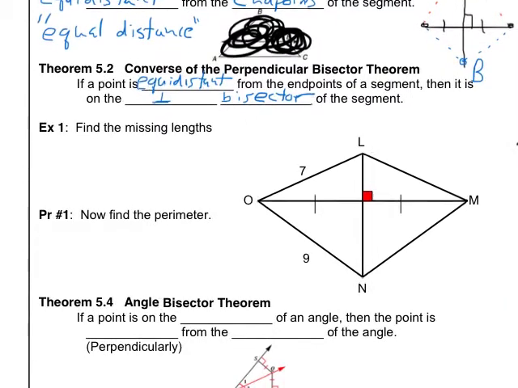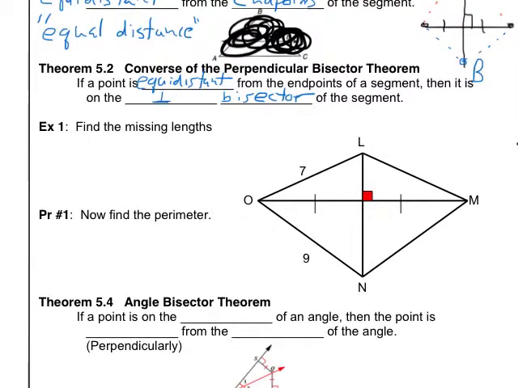Here we have an example. It says find the missing lengths. And sure enough, we have two lines that are perpendicular. And we know that this segment is congruent to this segment. And so that means that point L here must be equidistant from O as it is from M. So if L to O is 7, then L to M must also be 7.